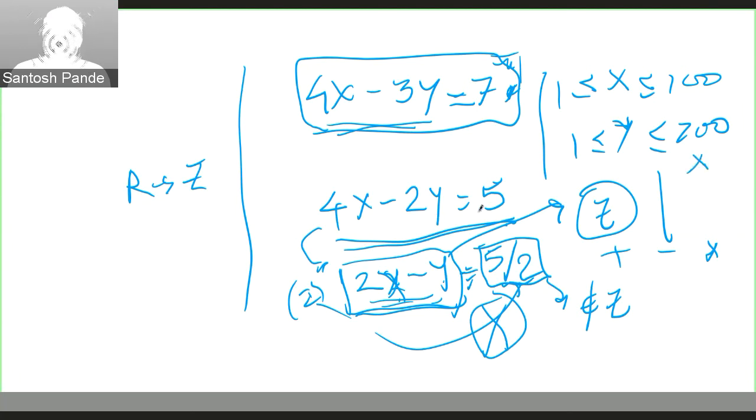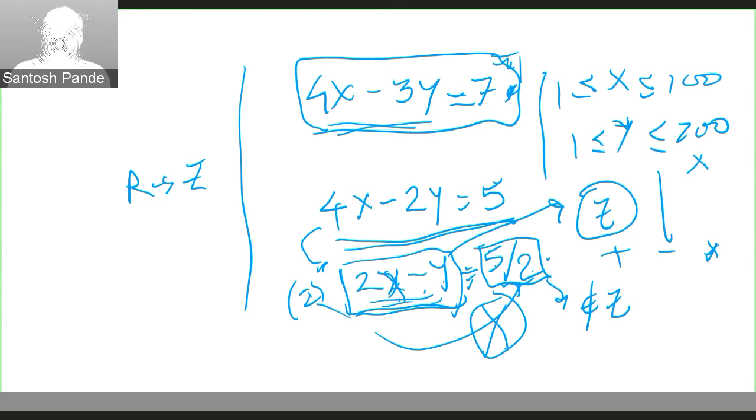And just purely looking at this equality and doing GCD and all that, we concluded that because 5 is not divisible by 2, this does not belong to z, whereas this, being closed under plus, minus, and star, will always belong to z. And since this will be always integral and this cannot be integral, there cannot be a solution to this.